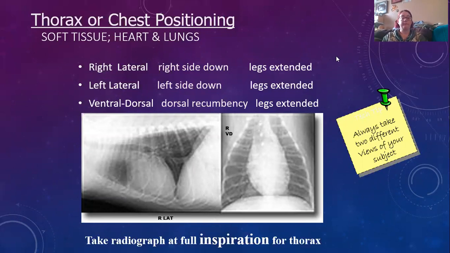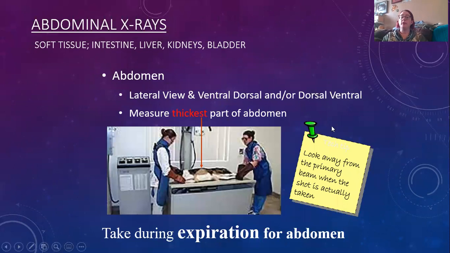For abdominal radiographs, we're going to be looking at a lateral view and a ventral dorsal, or dorsal ventral if we must. We want to measure at the thickest point of the abdomen, and we take abdominal radiographs on expiration. So as the animal breathes out, that's when we take the radiograph.